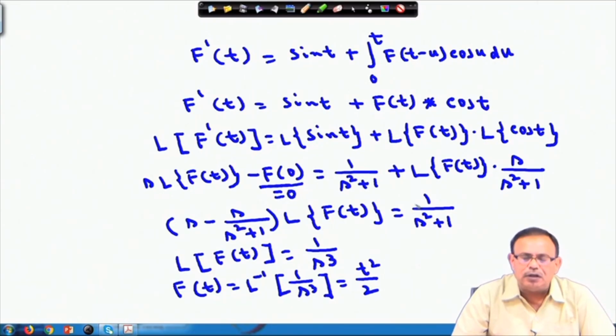And please note that in this equation f(t) is coming under the integral sign, and you have the derivative f′(t) also, but since we know the Laplace transform of the functions as well as the Laplace transform of the derivatives, using that concept we can find the value of f(t) as t²/2 this way.